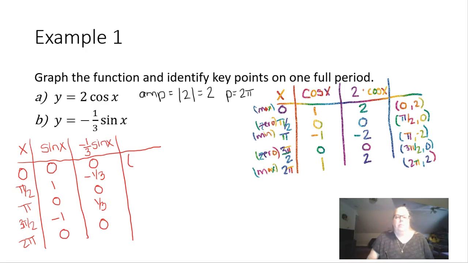So the ordered pairs I want to graph will be 0 and 0, pi over 2 and negative 1/3. These are the first column and the last column. Pi and 0, 3 pi over 2 and 1/3, and then 2 pi and 0.